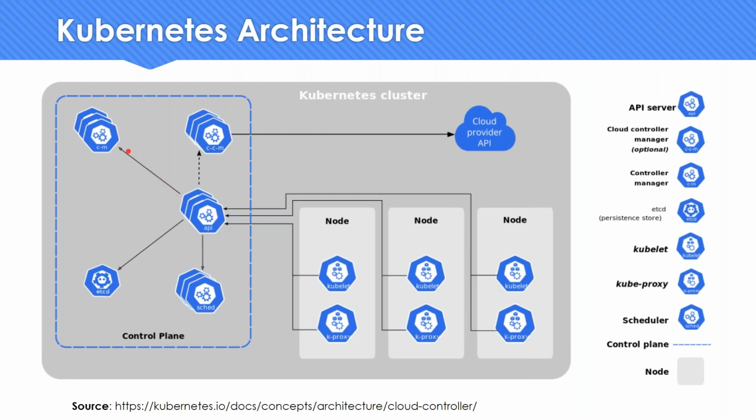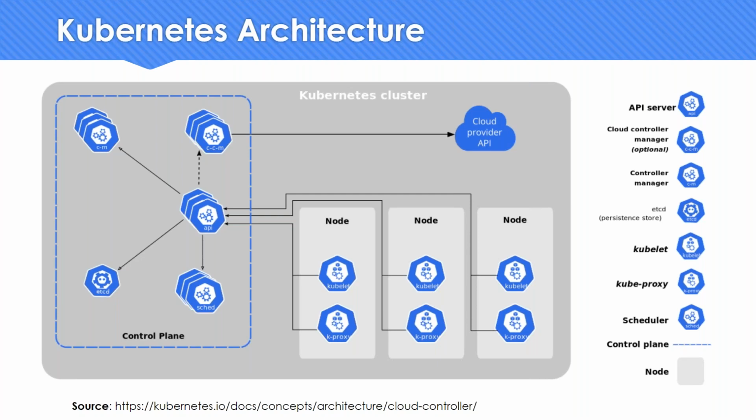There are lots of components in the control plane. The most important thing is the API server. This is the bridge which is going to do all the stuff. All the heavy lifting is going to be done by this API server. And when we create a Kubernetes cluster, we will also be able to see the API server endpoint, the IP address. This is the heart, I would say, of your Kubernetes.